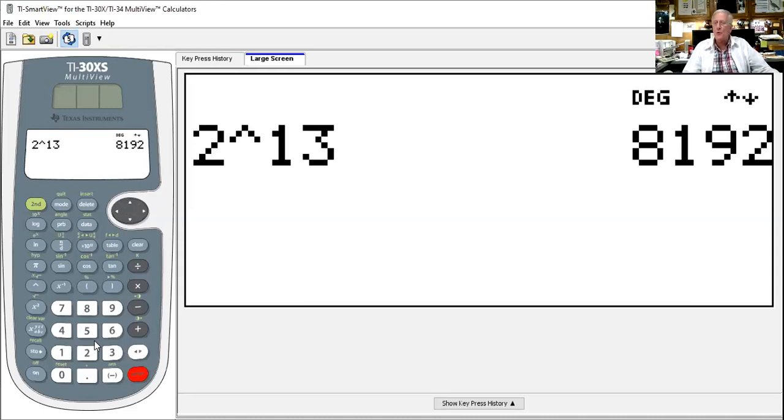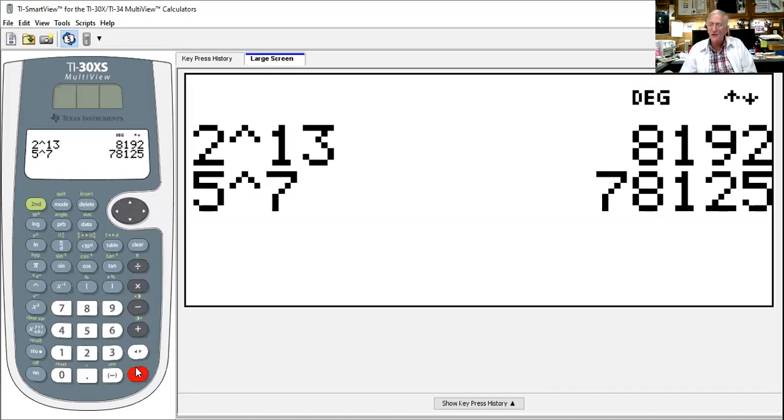It says checkerboard back, and the checkerboard back has these problems on it in case you're having trouble finding these problems. All right, I'm going to do 5 to the 7th power. So I'm going to do 5 to the little caret key, 7, enter, and I got 78,125. Okay.